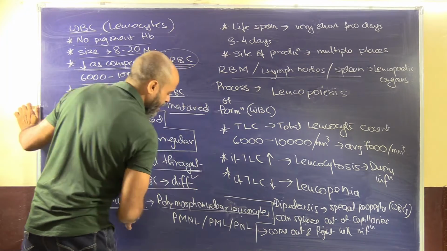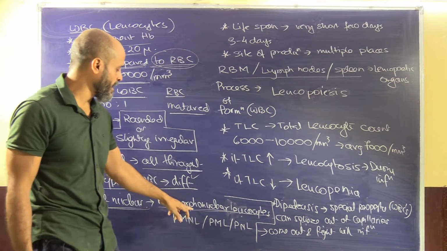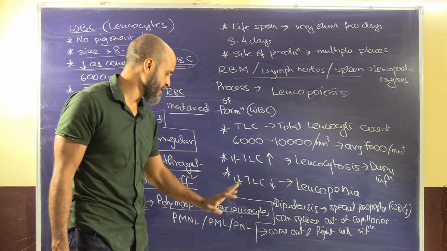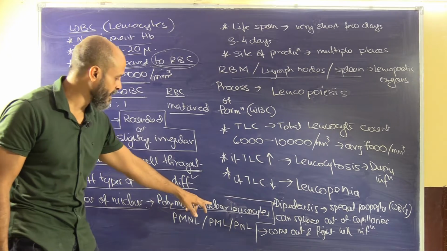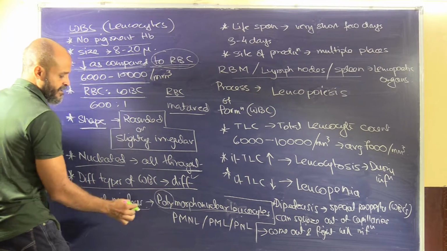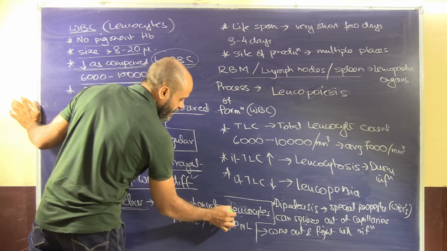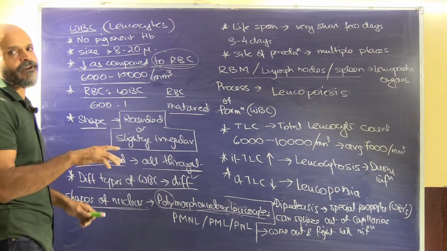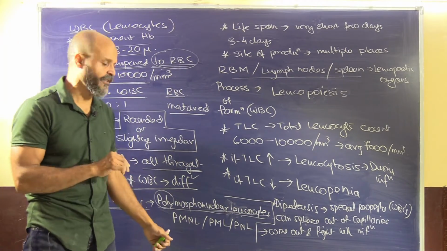So WBCs are also known as polymorphonuclear leukocytes. Why? Because they have many nucleuses. In different places the abbreviations are used in different ways.